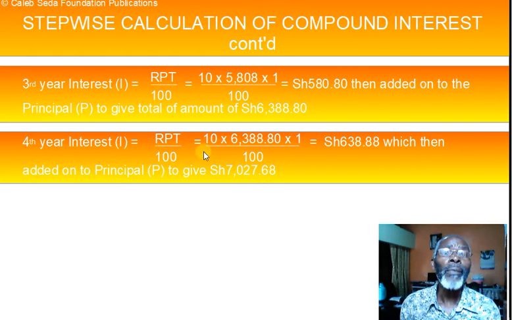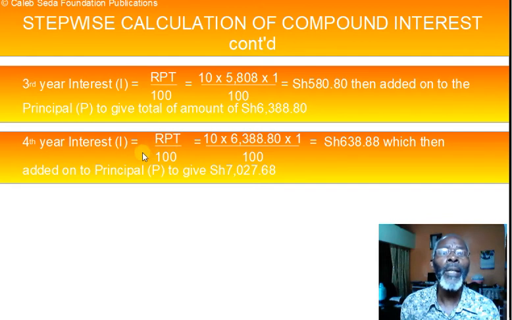Let's go to the fourth year. We enter the fourth year with the principal amount equal to 6,388.80 cents, which is invested throughout the fourth year.